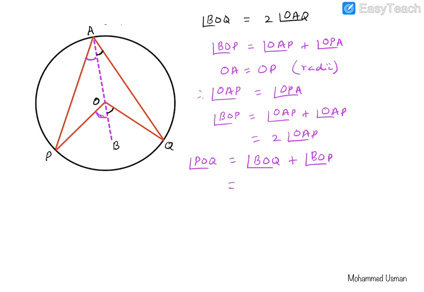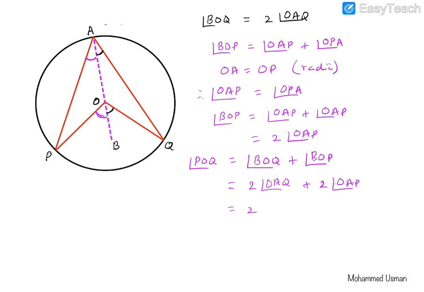So we have already angle BOQ is nothing but 2 times angle OAQ, which we already have shown over here, and then we have angle BOP, which is equal to 2 times angle OAP.